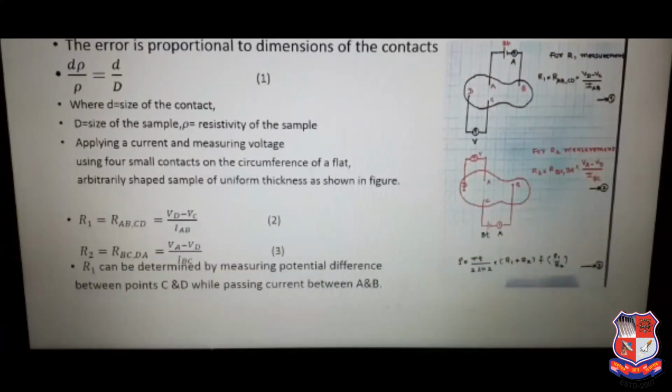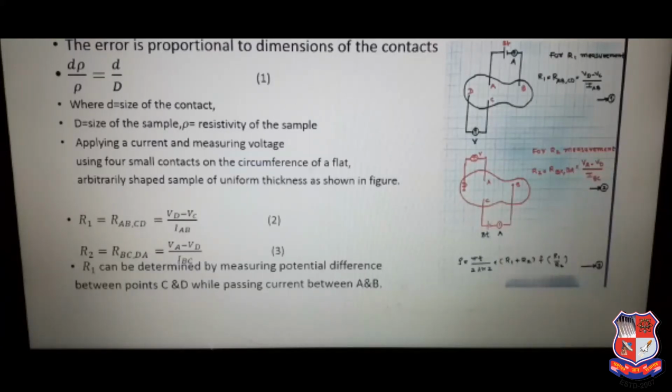Now in this figure you can see the sample with 4 contacts, of course ohmic contacts, and they are named A, B, C and D. Now what will happen if the contacts are not taken perfectly?